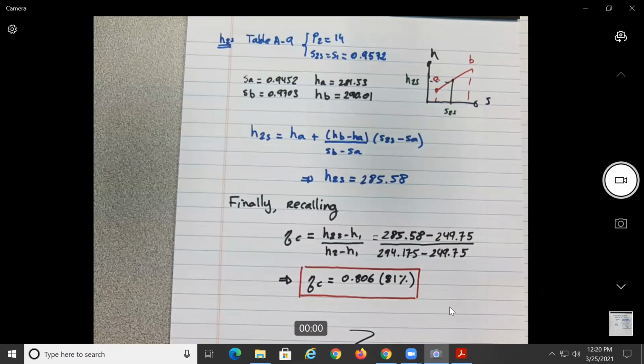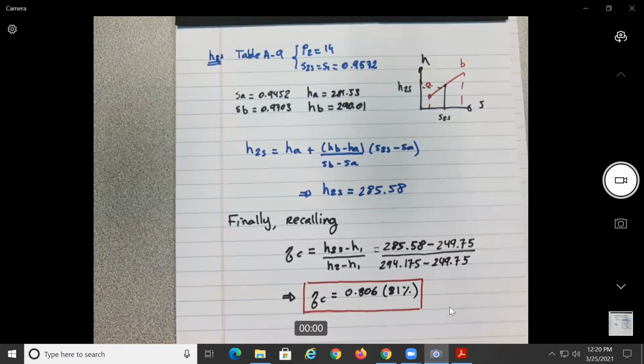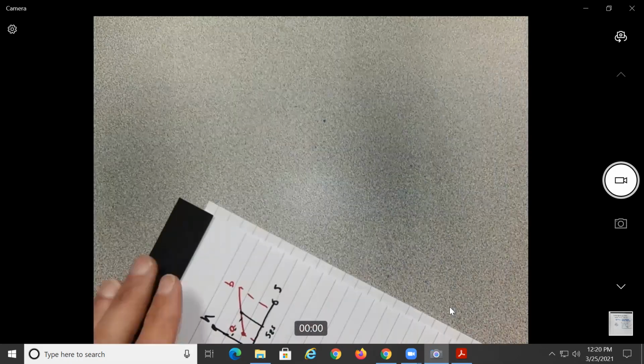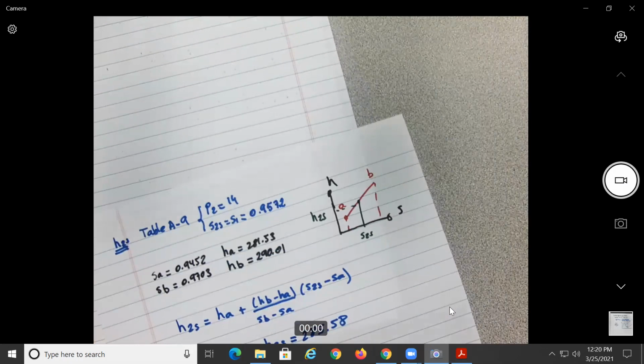And now the last component we're going to do is a nozzle. So this was page 96.